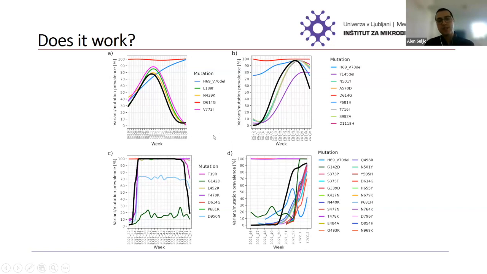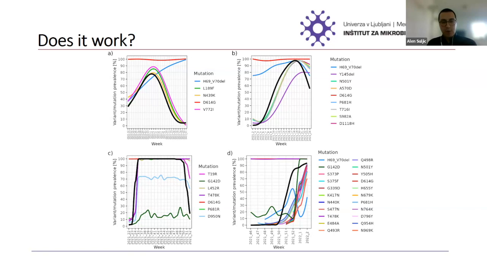Panel B shows the alpha characteristic mutations, C shows delta, and D omicron. The black bolded line is from the complete genome sequencing data and represents the ground truth, let's say.